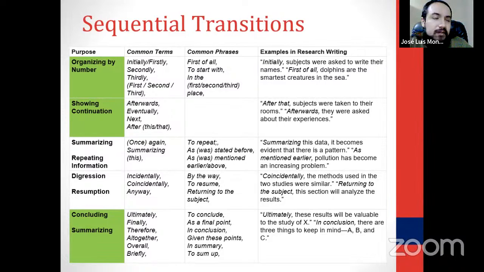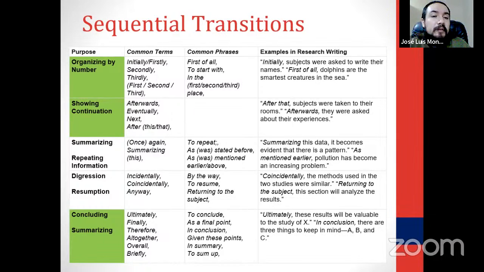So just using numbers to organize your ideas. Showing continuation: if you don't want to say secondly, or in second place, you say afterwards, eventually, next, after this, after that, etc. Then, and same idea. That's just to complement the first one.